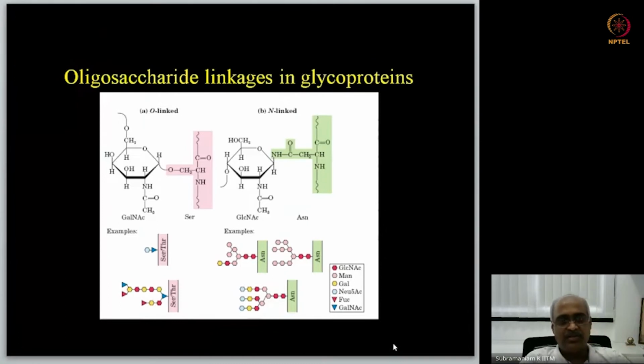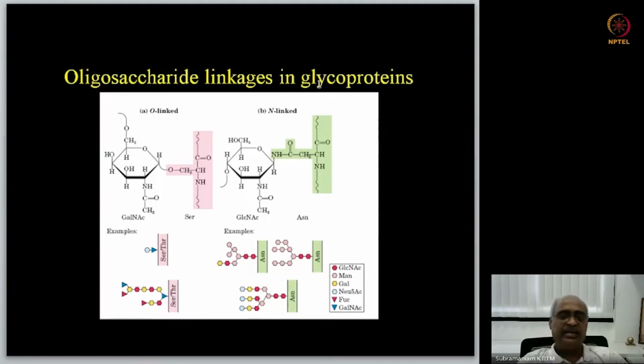Next, we are going to a set of molecules where the carbohydrate part is a minor component, nevertheless functionally very, very important. And the major thing being either protein in the case of glycoproteins, or glycolipids, where it is going to be lipids having carbohydrates attached.